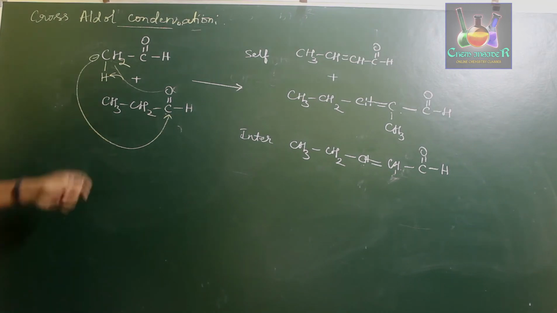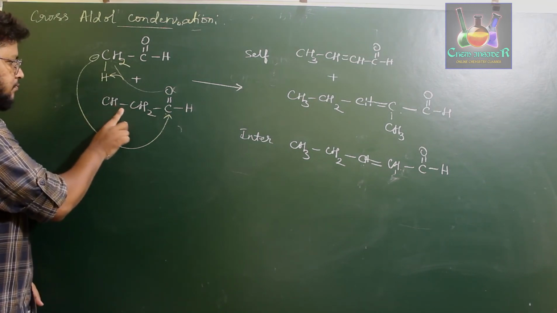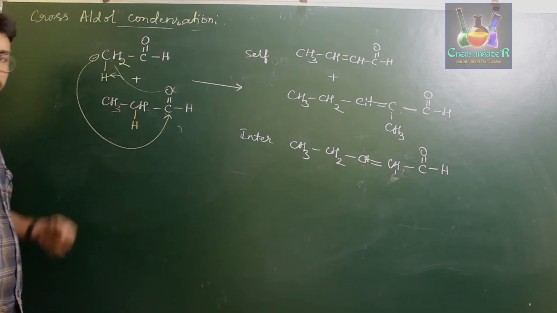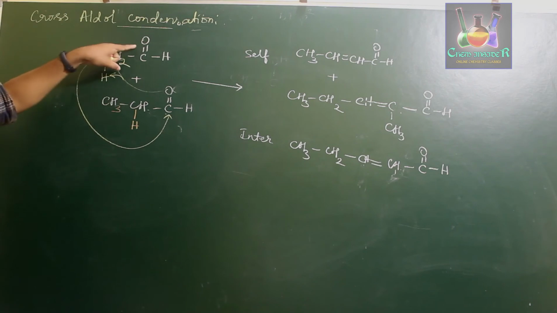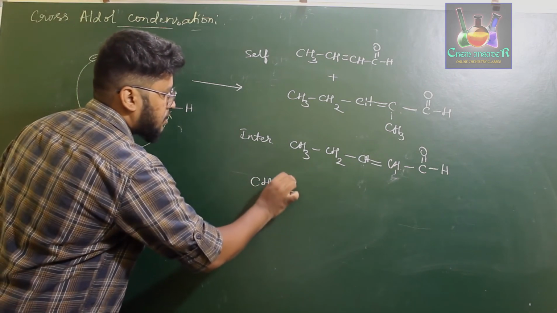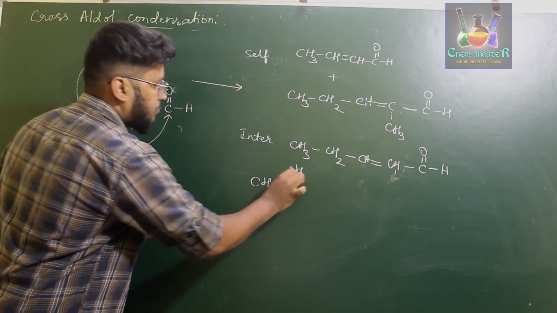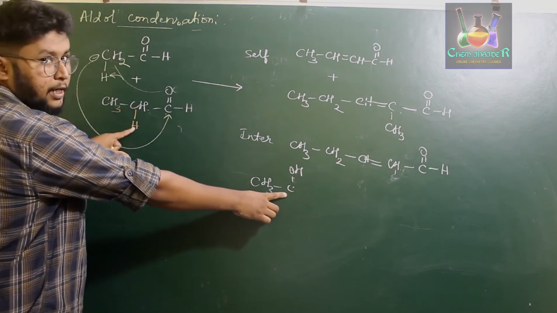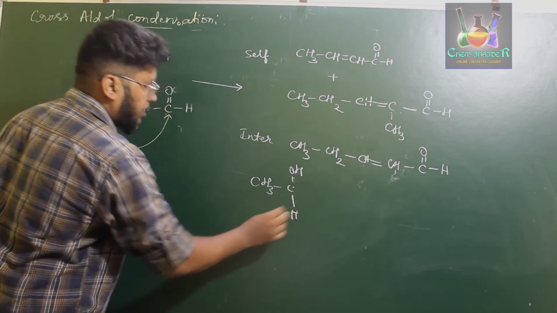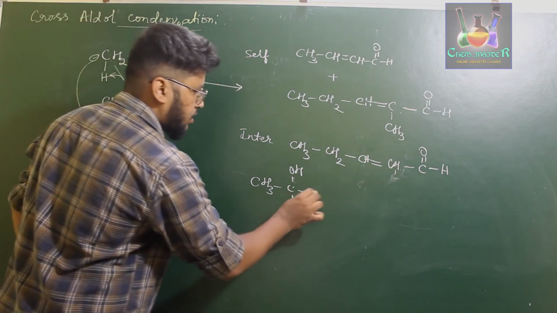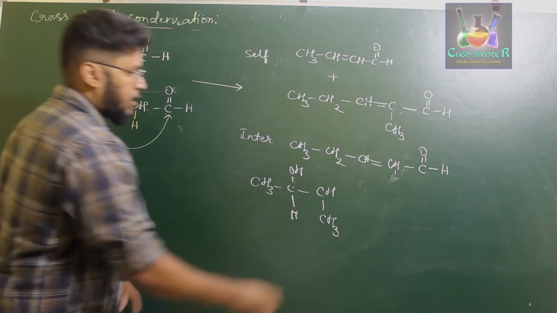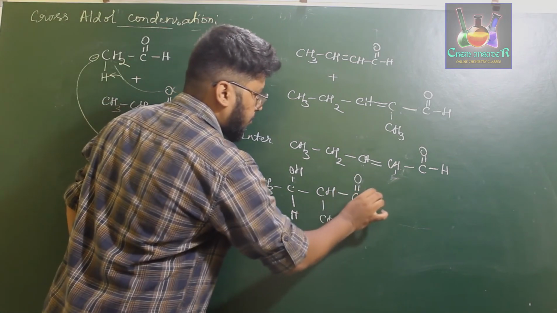Now if you consider the alpha hydrogen of propanal, this will be forming an OH group. Therefore, first CH3 C double bond O H, this carbon forms an OH group by attacking this hydrogen, and we have a hydrogen present over there, and then it will be attached to this CH. It will be having a CH3 group and attached to C double bond OH.